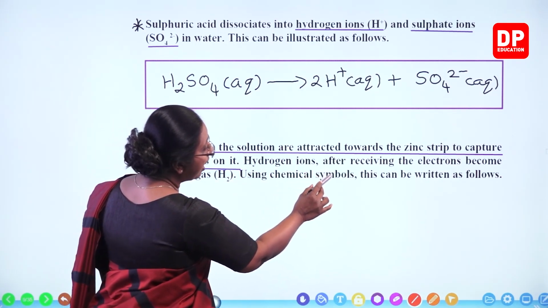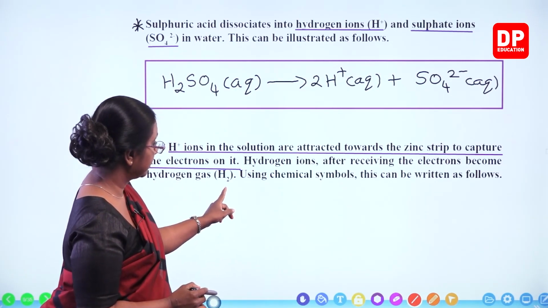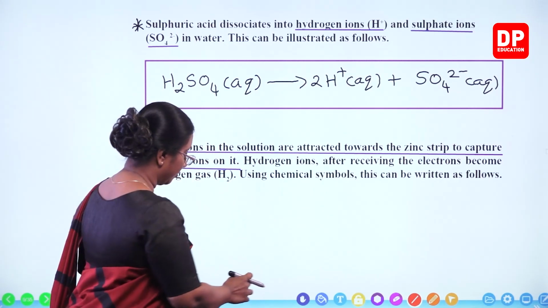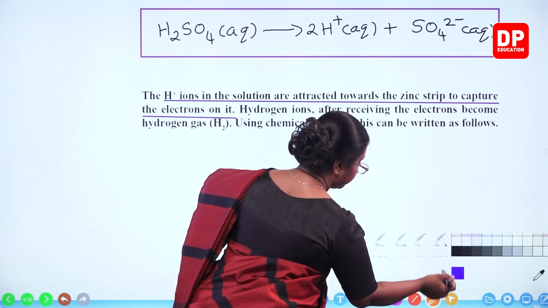Hydrogen ions, after receiving the electrons, become hydrogen gas. Using chemical symbols, this can be written as follows. So this is how we can write that reaction.